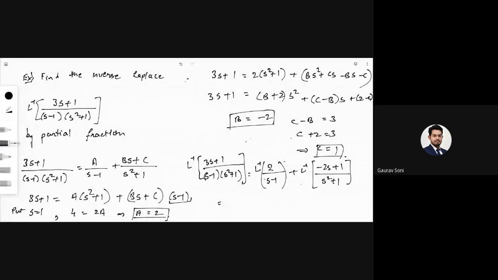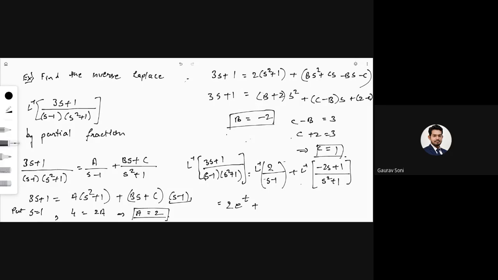Yes, anyone? How can we find out the second Laplace inverse? So separate it.